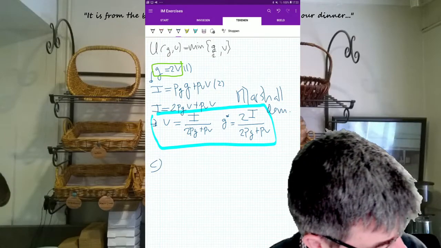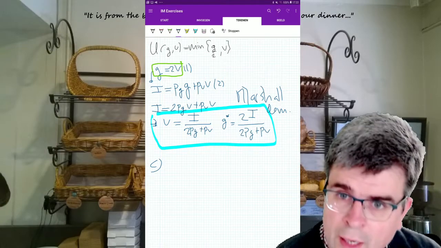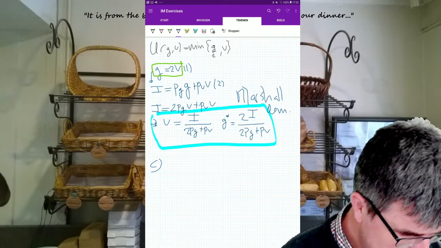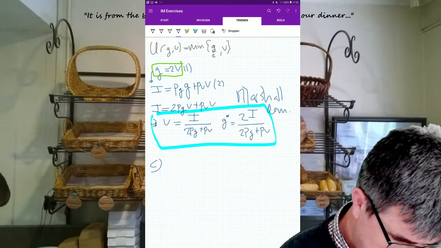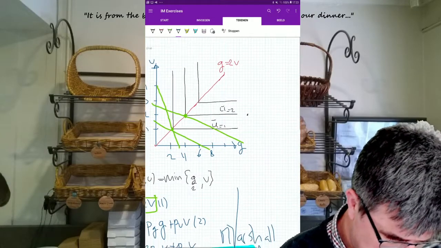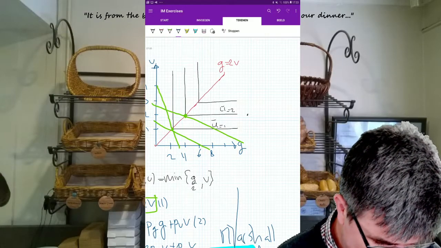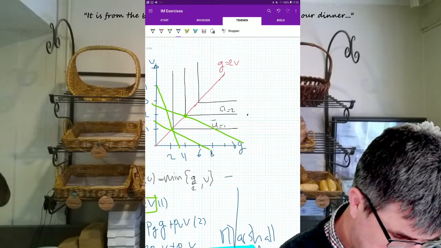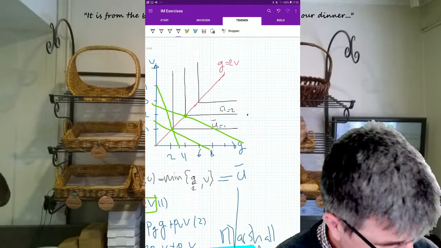Then we can continue with question C. And in question C, we need to use these results to arrive at the indirect utility function. Now, the indirect utility function is simply, we know that our utility, so going back to our utility function that we have over here, we know that this gives us a utility level U bar.